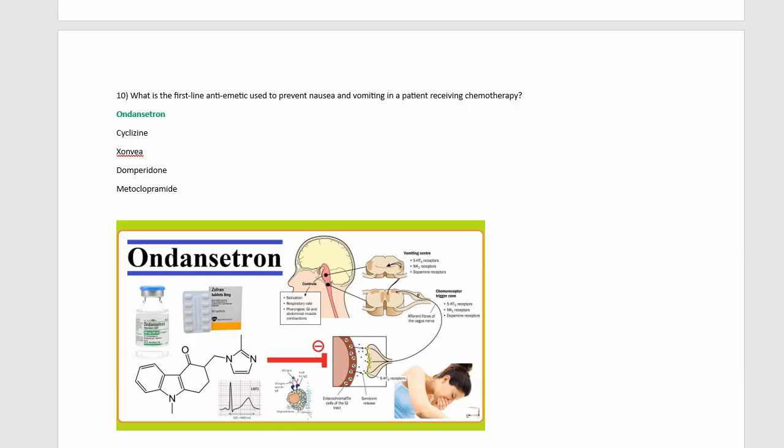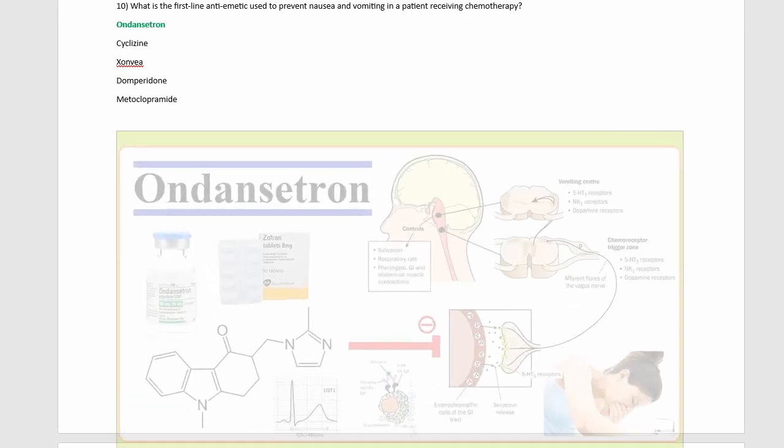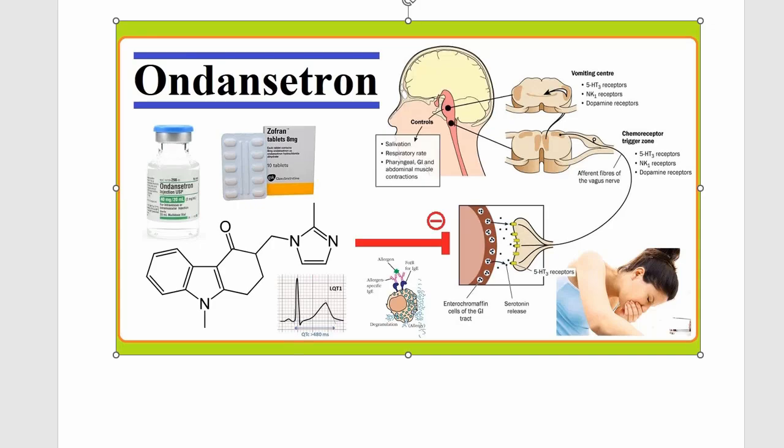So ondansetron works by blocking serotonin receptors in the gastrointestinal tract and the central nervous system. In fact, let's make this a little bit bigger so it's easier to visualize. So they block serotonin receptors in the gastrointestinal tract and the central nervous system, which therefore reduces the sensation of nausea and the urge to vomit.